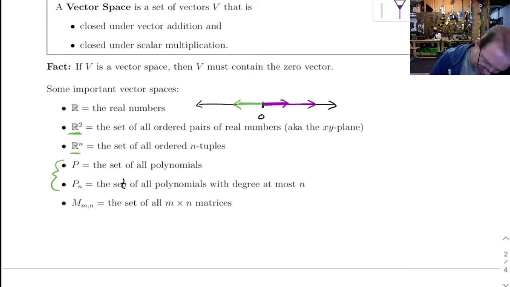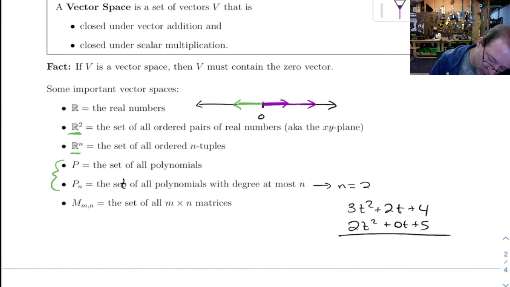The idea there is, let's just play with n equals 2 for a second. If you take a quadratic polynomial, 3t squared plus 2t plus 4, and add it to another quadratic polynomial, then the result's going to be a quadratic polynomial.